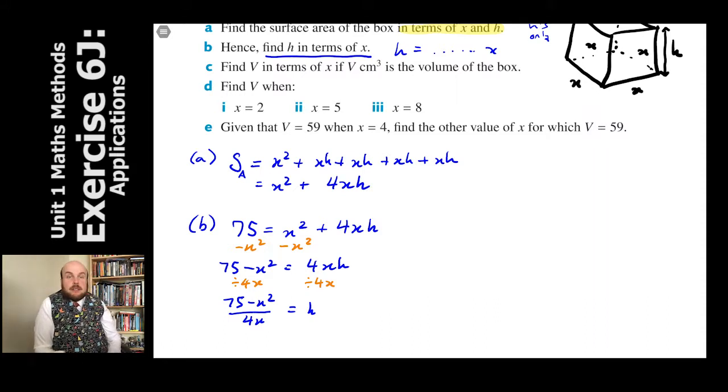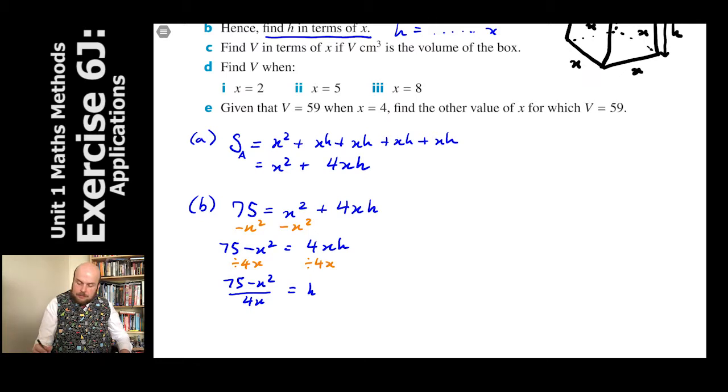Now, the next question there says the volume. Find V in terms of x if V cubic centimeters is the volume of the box. So that's what we're going to do.